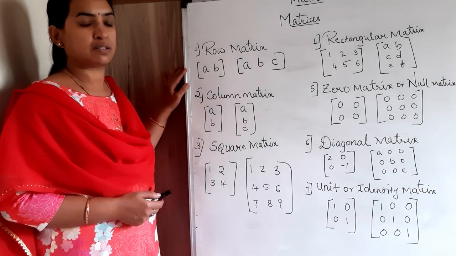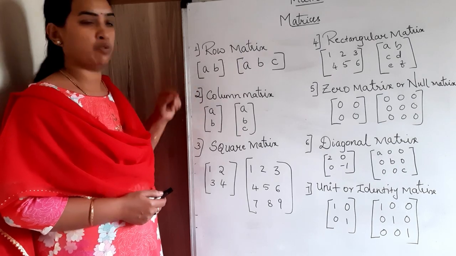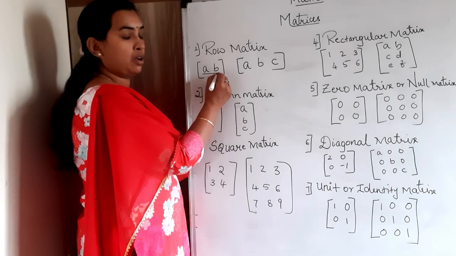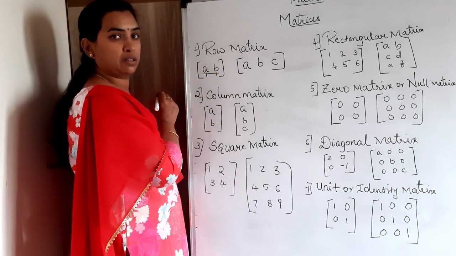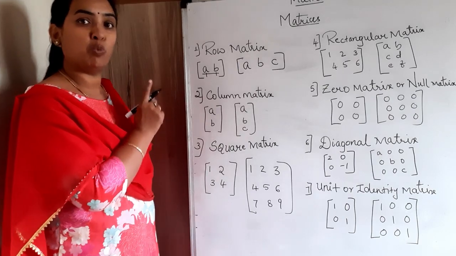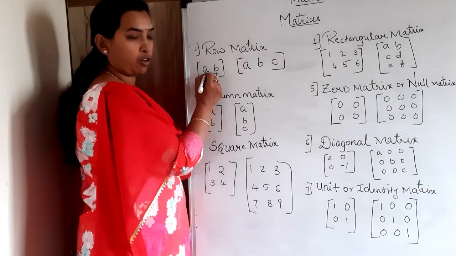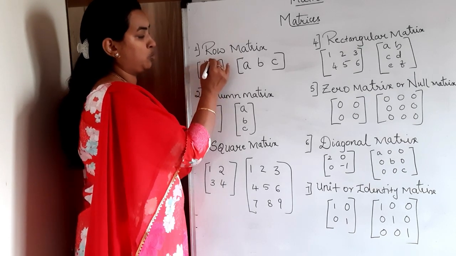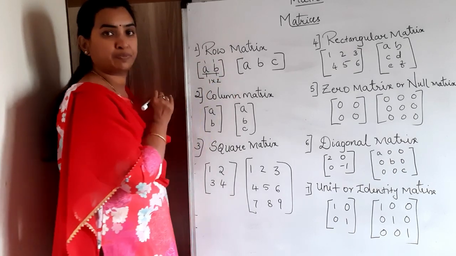For example, the first one has only one row and 2 columns. There may be any number of columns, but there must be only one row. So the order of this matrix is 1 cross 2.